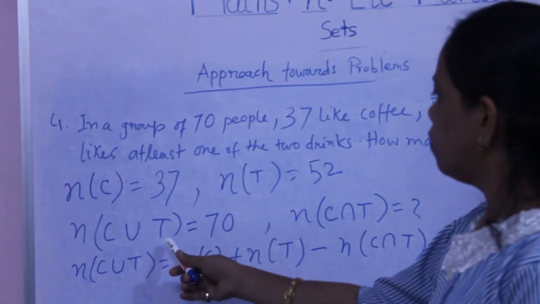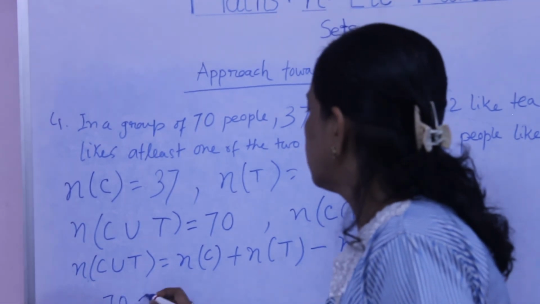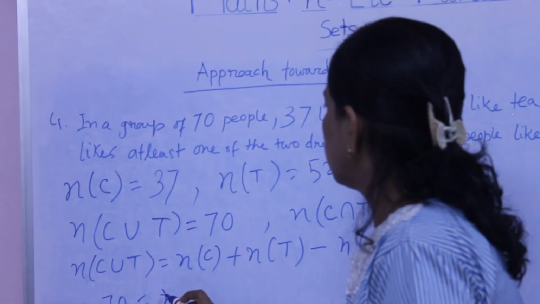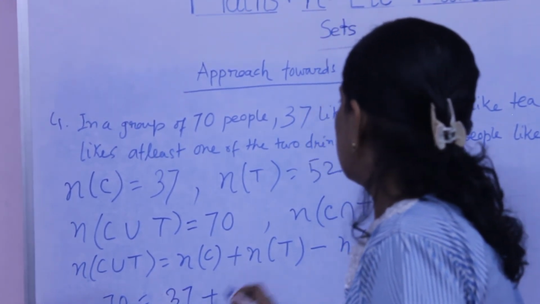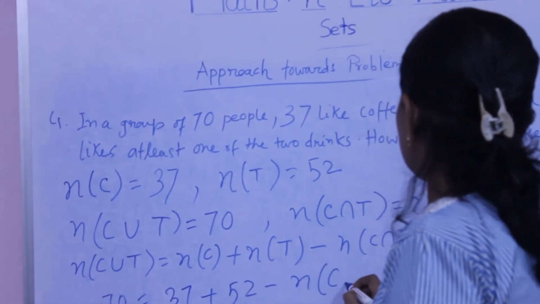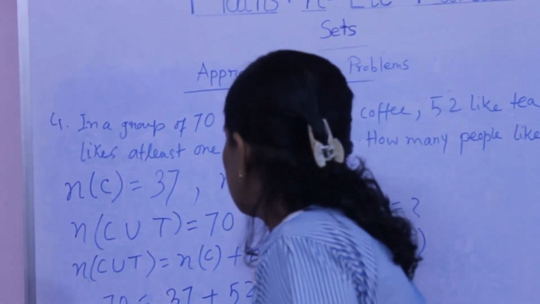We have the values. n(C union T) is 70. n(C) is 37, n(T) is 52, and this is n(C intersection T). So this is 70.